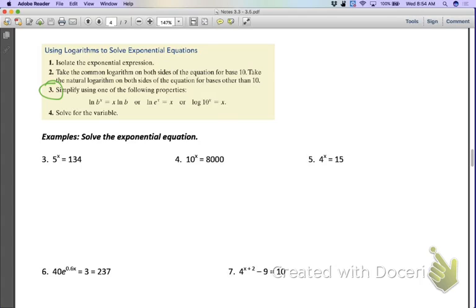That's what you're going to want to do here. It's either that or using the natural log of e to the x power, if you have an e.